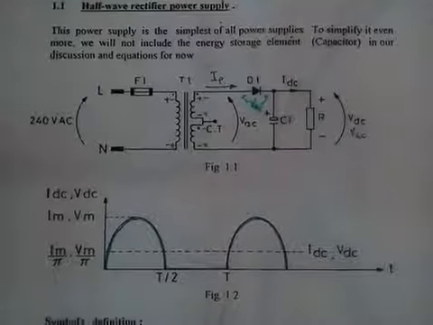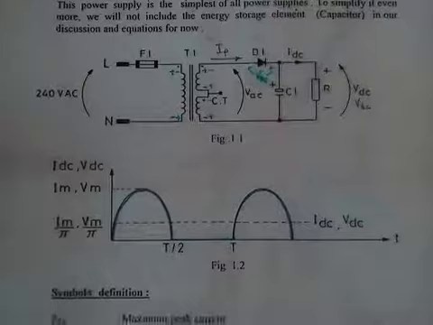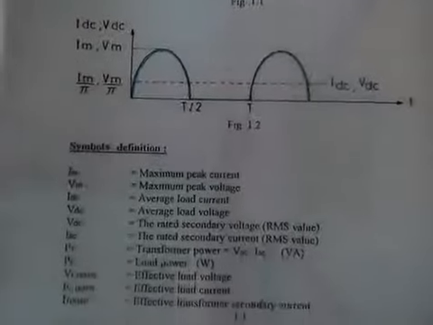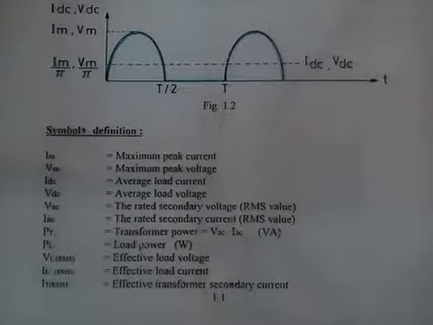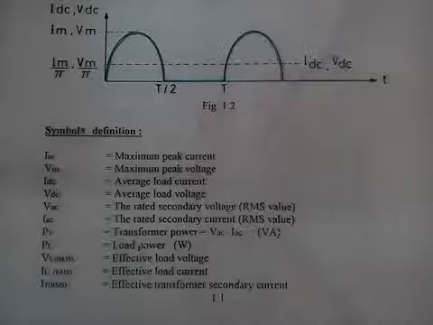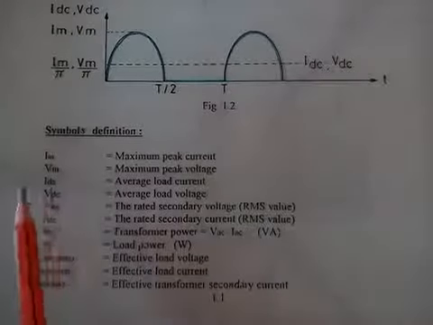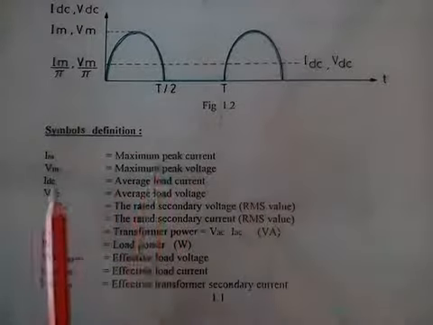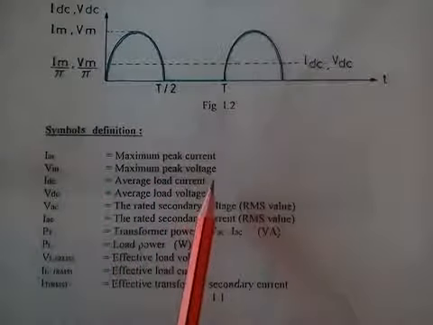Now let's go forward and see the symbols definitions that we intend to use throughout this lecture and the series of lectures that are coming. You have that IM, which is the maximum peak current. You have that VM, which is the maximum peak voltage.